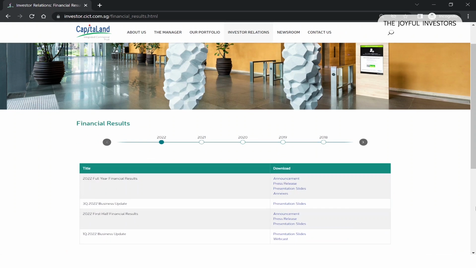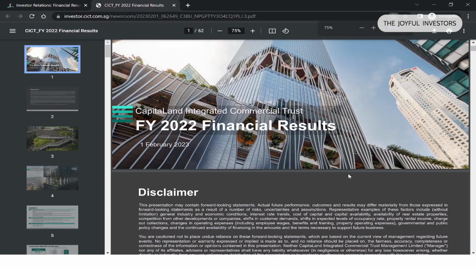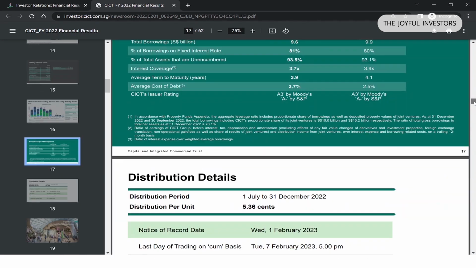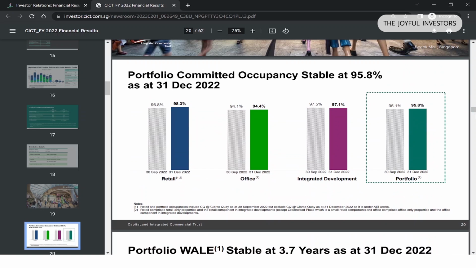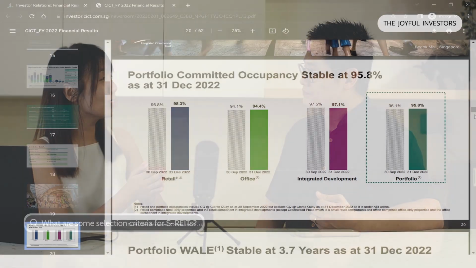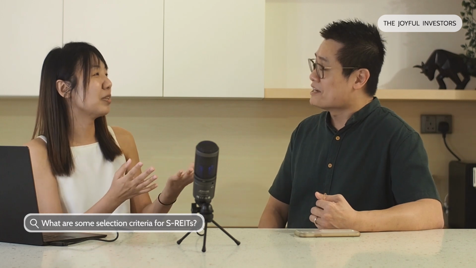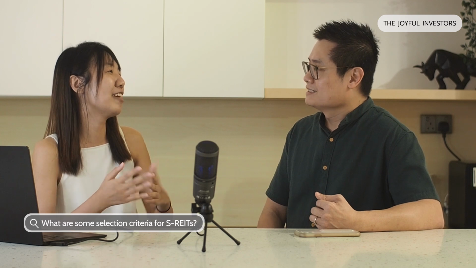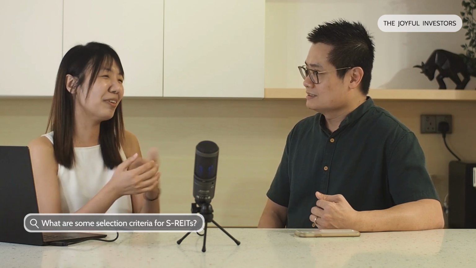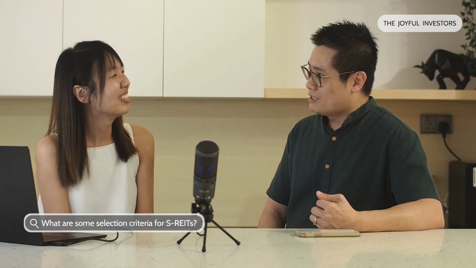That's correct. Typically they will publish presentation slides, and on the slides they will talk about the occupancy rate for the year or for the quarter versus the previous year or the previous quarter. Sometimes they also do some aggregation, like by country and so on. It's very detailed. Correct. So such data are easily available for investors to make use of. That is one that I'll share.